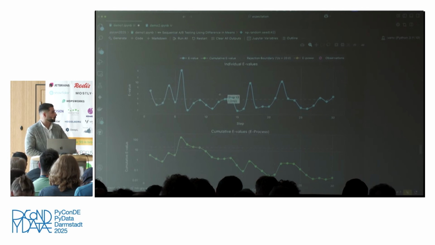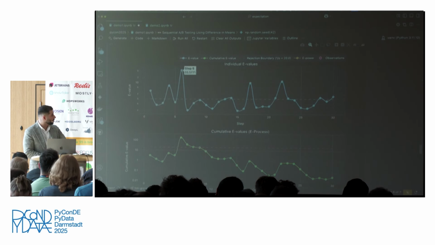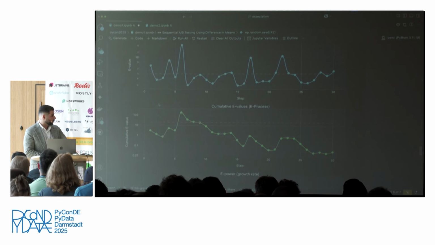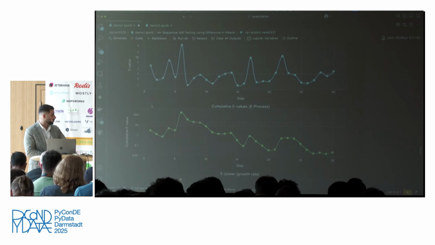But these are the individual E-values, meaning at this time step, it generated this much evidence against the null. But then the day after, this much evidence against the null. But this is an E process. When it's done sequentially over time, you want to know, have I accumulated enough?